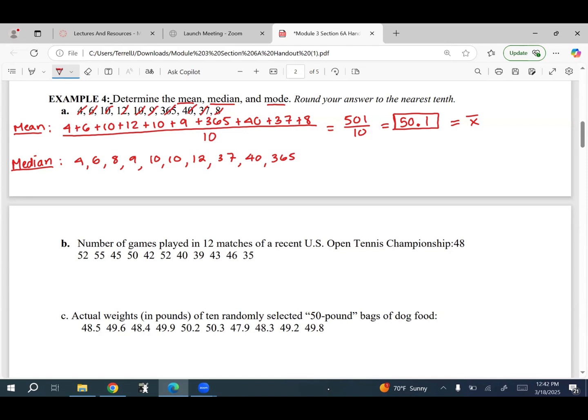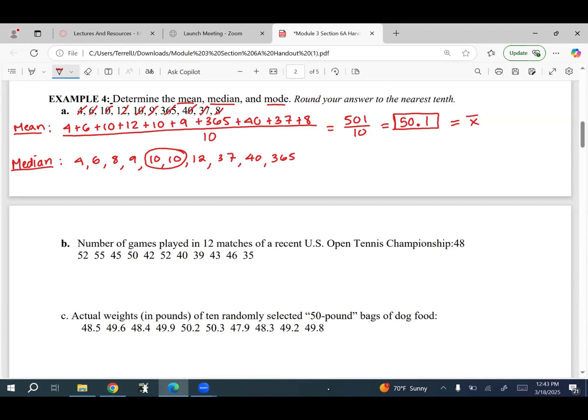But here, there are 2 numbers in the middle. You see these 2 10s, now to the left of those 2 10s are 4 numbers, and to the right of those 2 10s are 4 numbers. So when you have an even amount of numbers, you won't have one middle number.